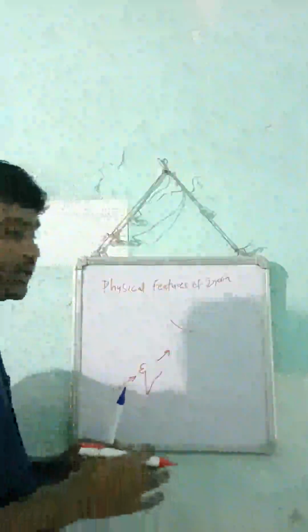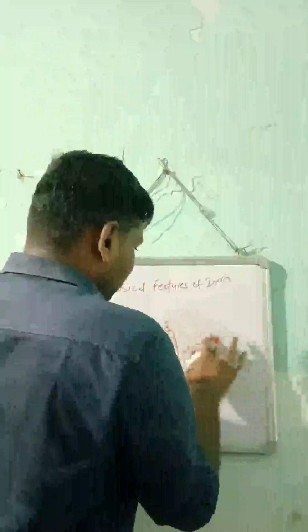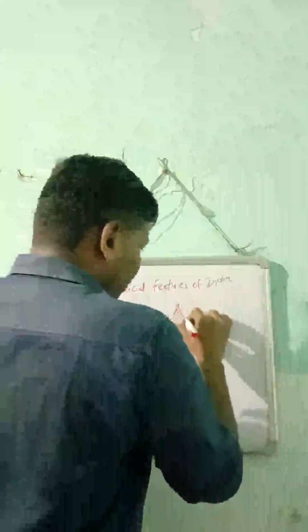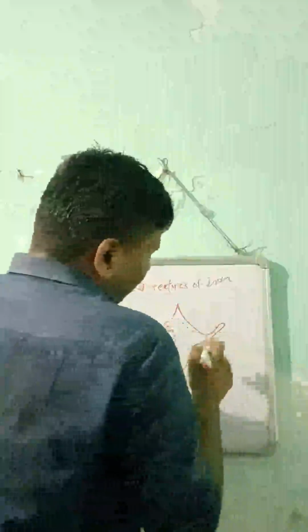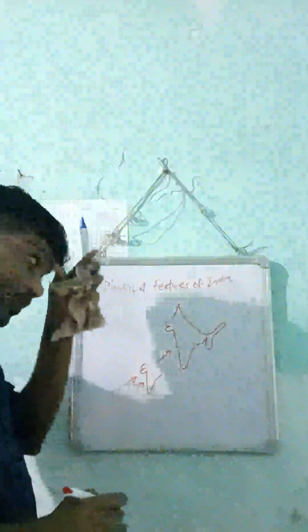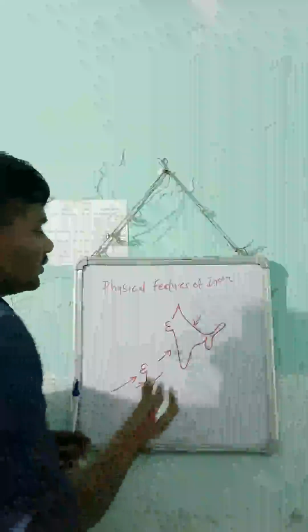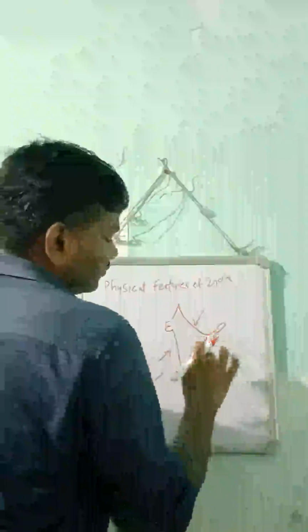Due to this collision, a large landform emerged. The Himalayas also formed. The Himalayas were formed due to the collision of the Gondwana land's peninsular plateau and the Eurasian plate. This is the result of the Himalayas.